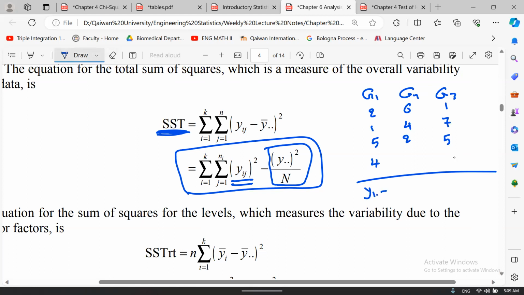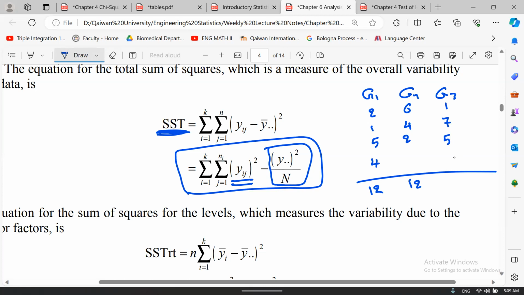We need to find Y1 dot. Y1 dot is the sum of elements in the first group, in the first column, which is 12. This is Y1 dot. How about Y2 dot? It's the sum of elements in the second level, the second column. It's still 12.